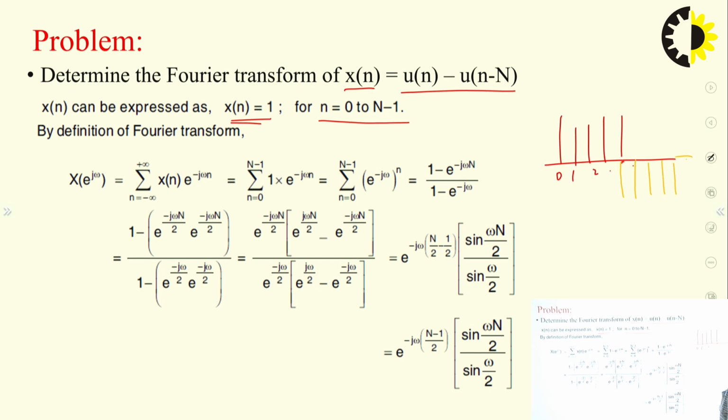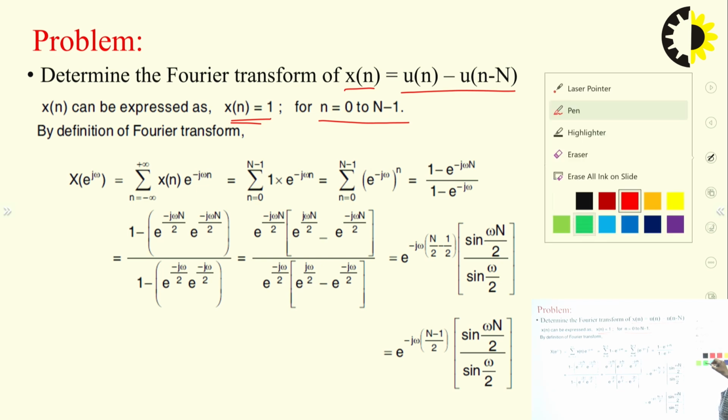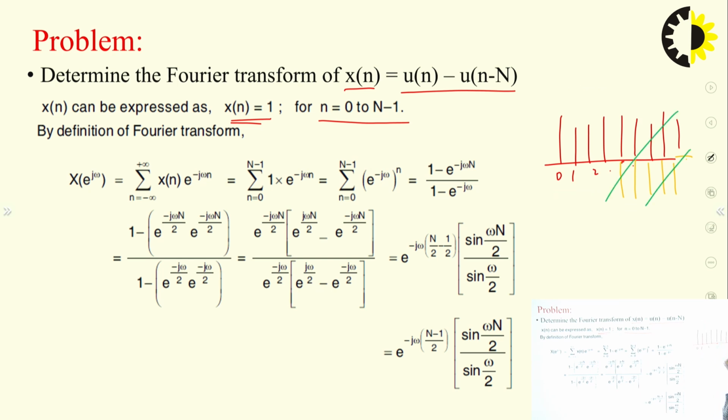So all these terms get cancelled, and that is why you have the sequence from 0 to N minus 1.